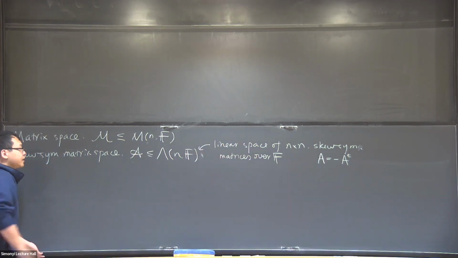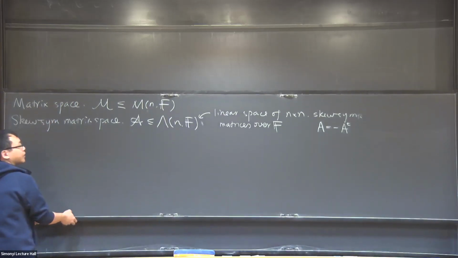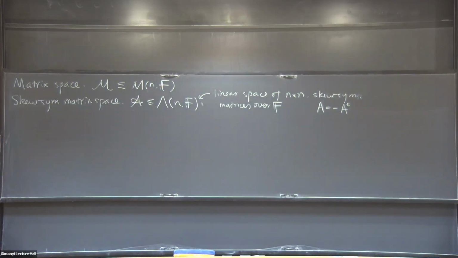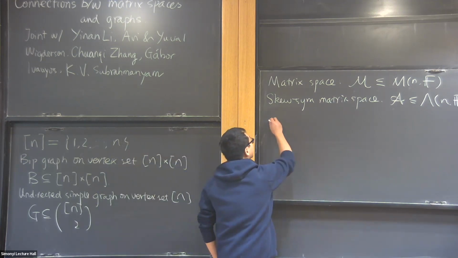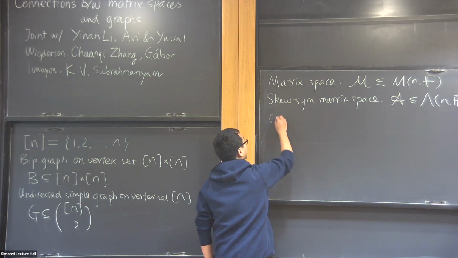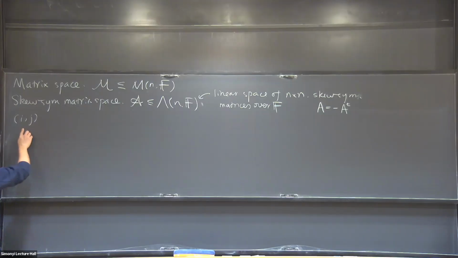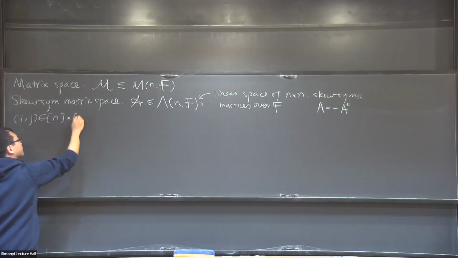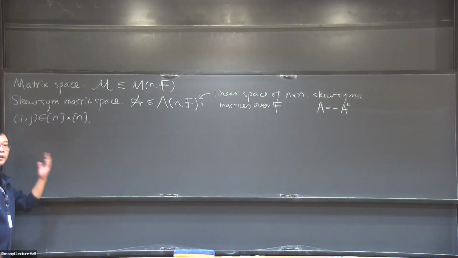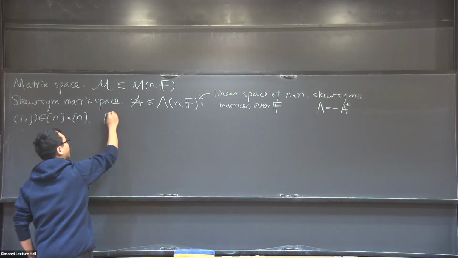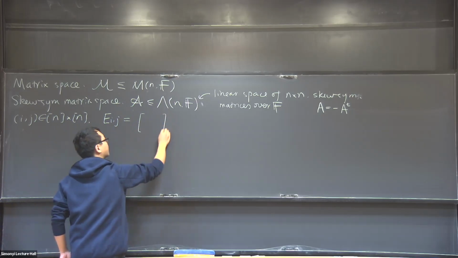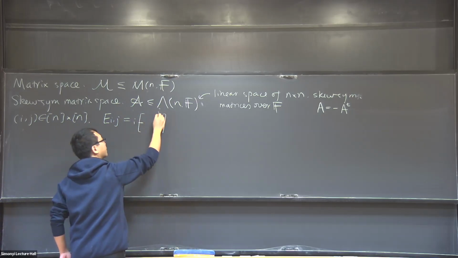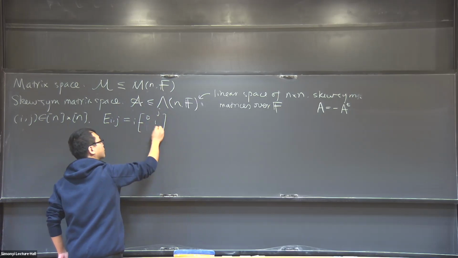Okay, so essentially, I'm going first to give you an idea of how to embed graphs into matrix spaces. If you look at one edge in the bipartite graph setting, then you can build the so-called elementary matrix E_ij, which is a matrix with the ij entry being 1, the rest being 0.